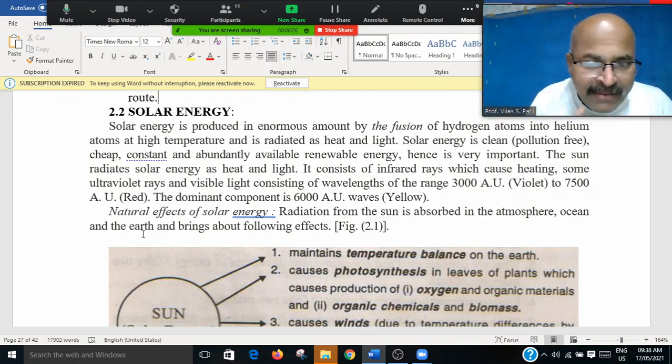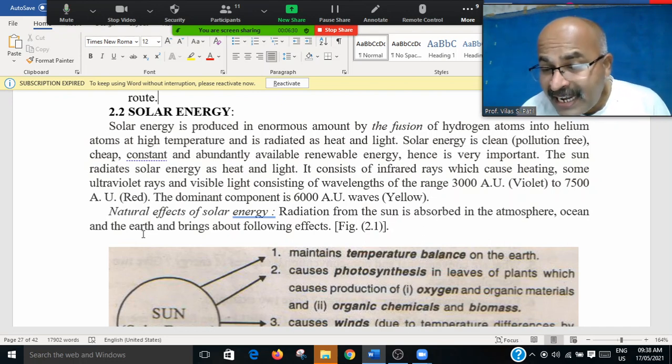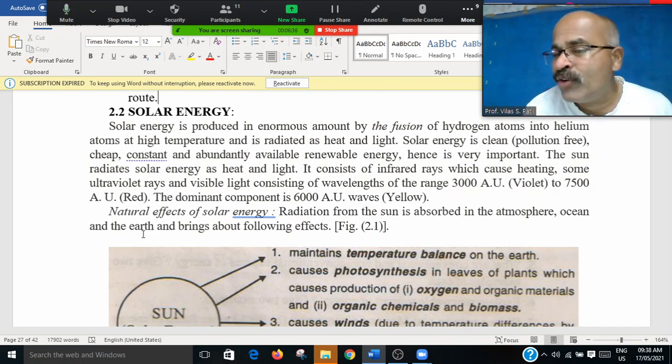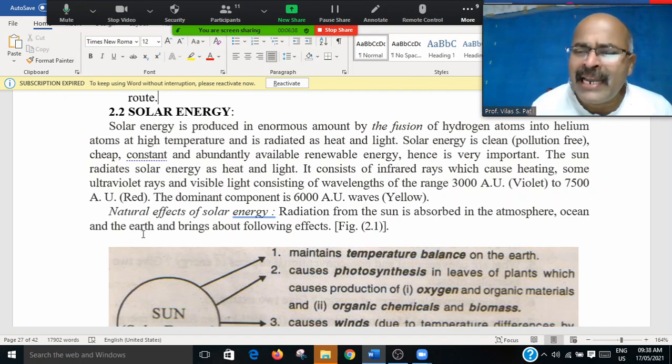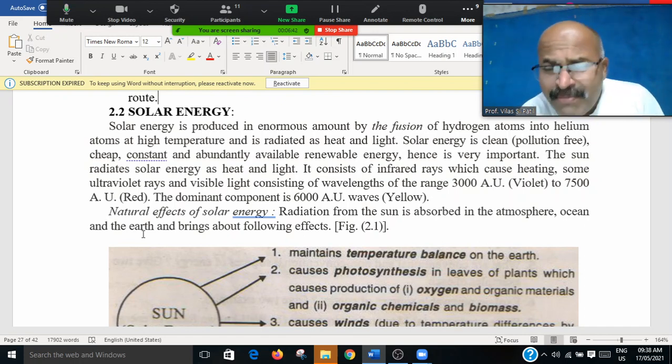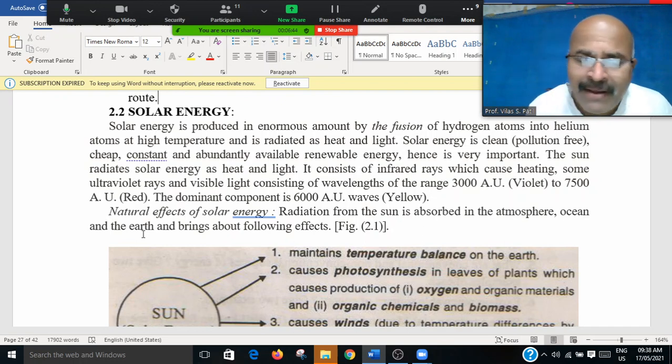Thus, at high temperature, radiated heat and light, the solar energy is clean, pollution-free, cheap, constant, and abundantly available as a renewable energy. It will be available in plenty, easily available. Again, it consists of the infrared, which causes the heating effect.